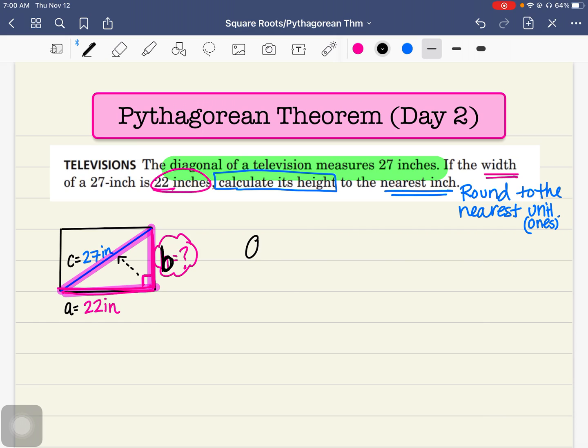So we know that A squared plus B squared equals C squared. That's the Pythagorean theorem. Now we'll substitute our values in and solve. A is 22, and don't forget that we have to square it.